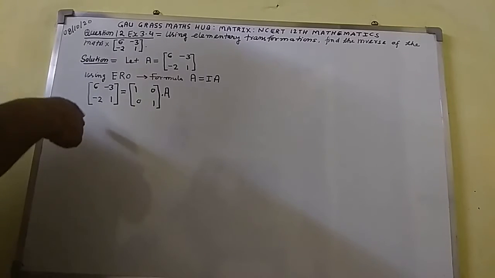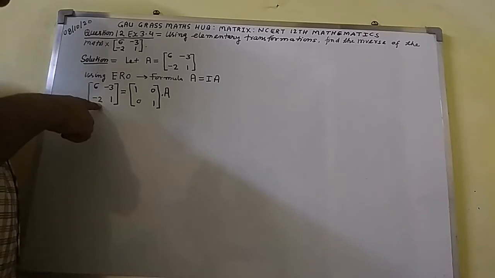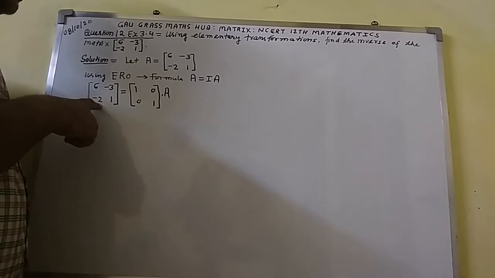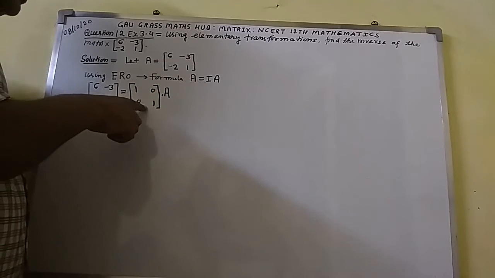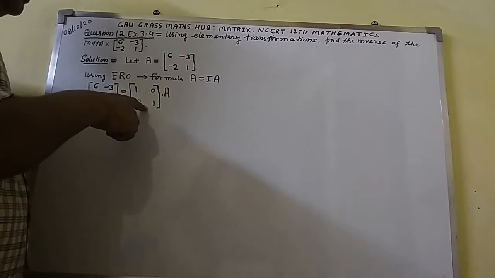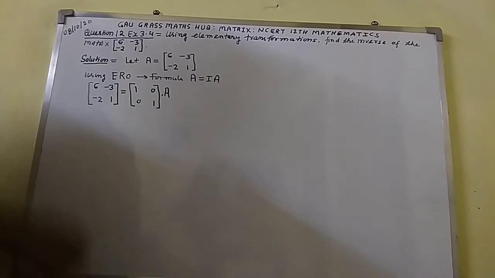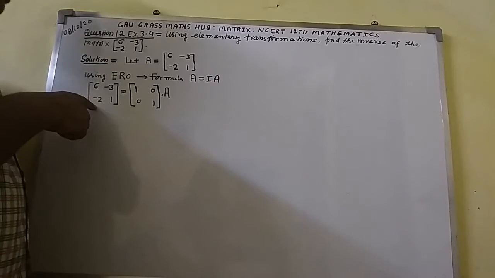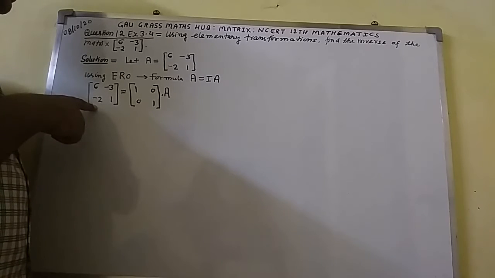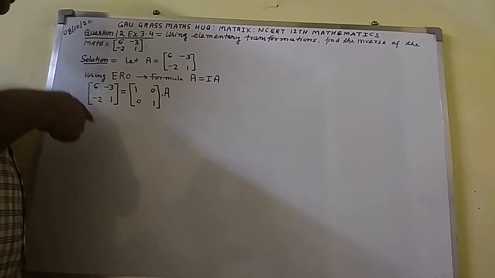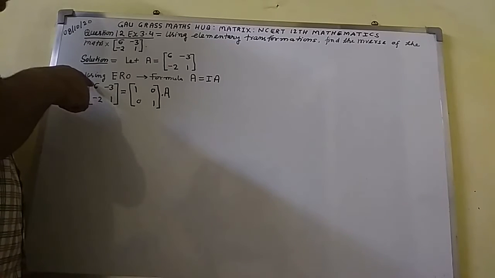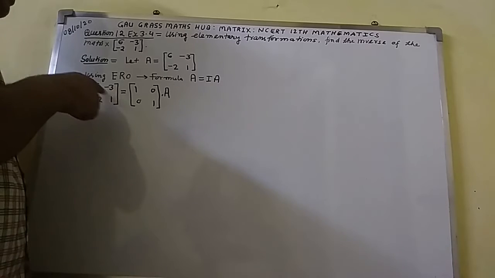The method is that the given matrix will be converted into the identity matrix, and the identity matrix will be converted into A inverse of the matrix A. For conversion of the given matrix into the identity matrix, the elements of the principal diagonal must be 1.